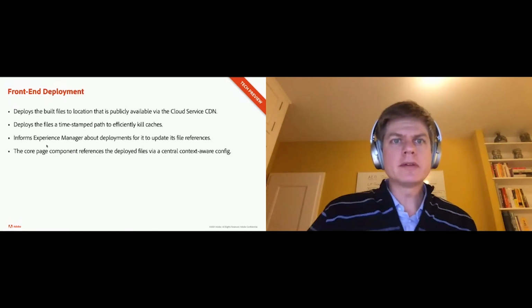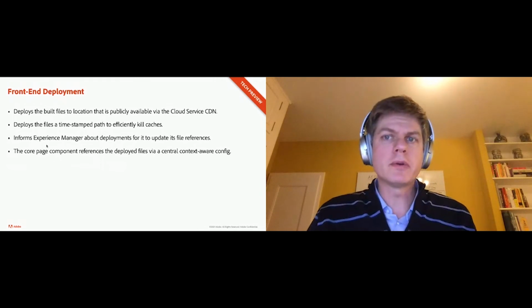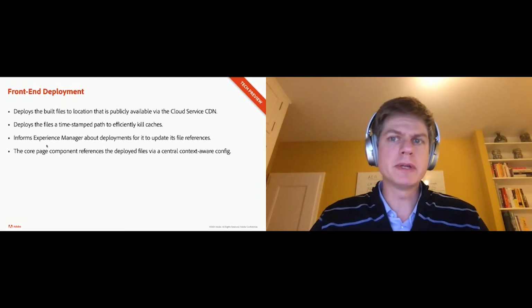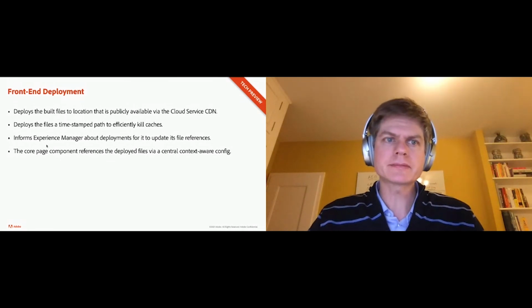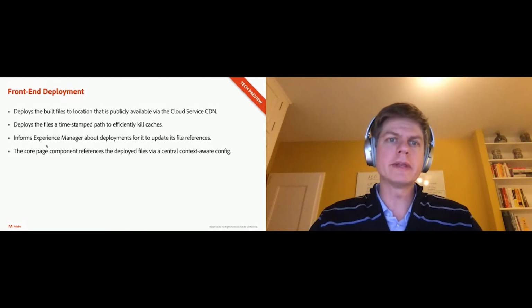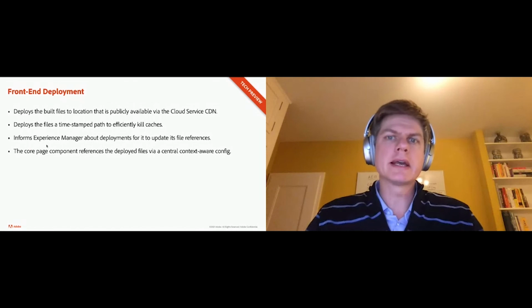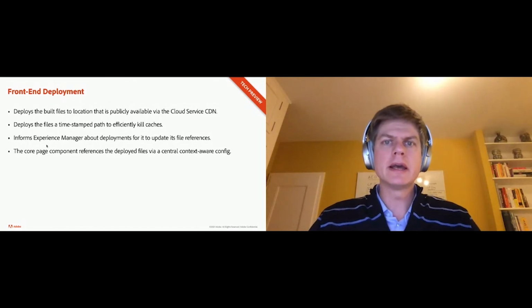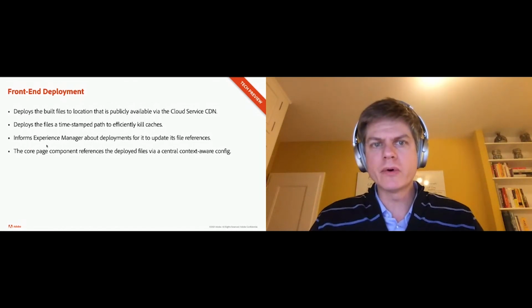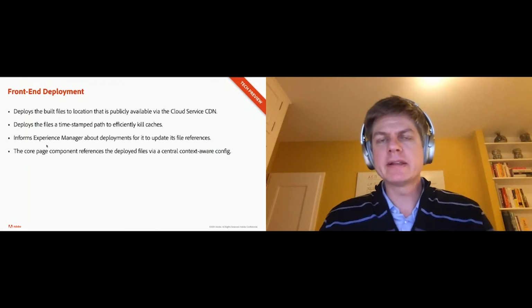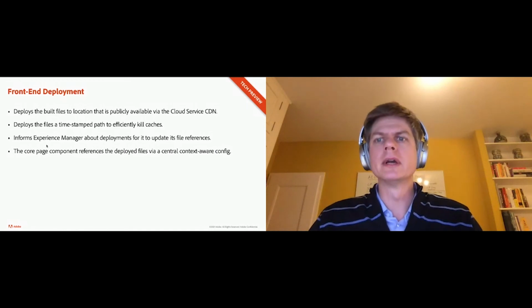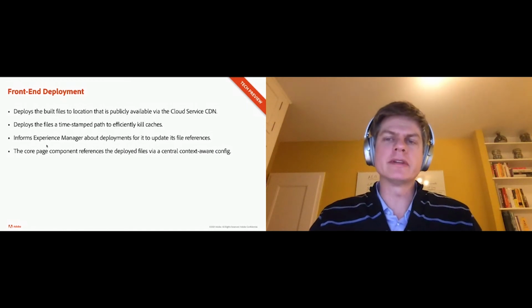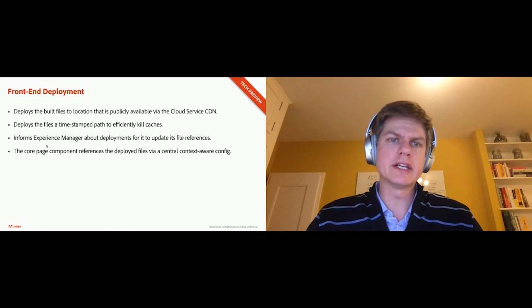The front-end deployment pipeline is just deploying these files that have been built to storage that is behind the CDN. It deploys the files into a path that is time-stamped so that the cache gets killed efficiently, and AM will then be informed so that it can reference the latest timestamp folder when it's referencing the files in the HTML.